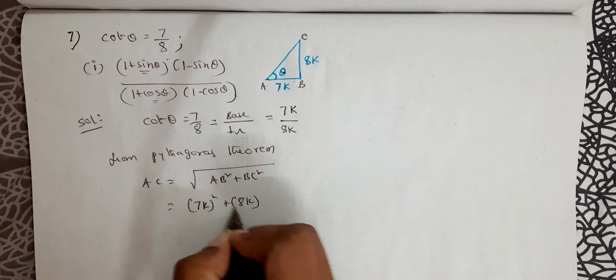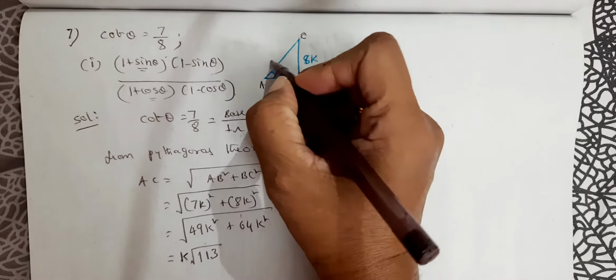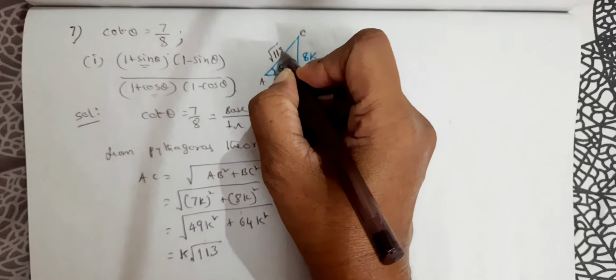Taking k square outside the root, we get k root 113. So this is what we have determined for AC.